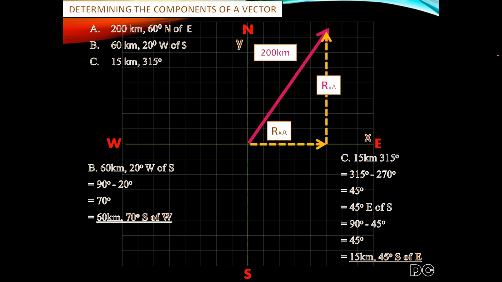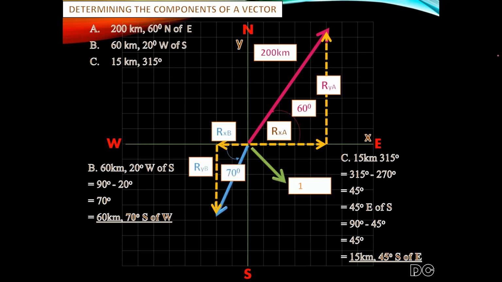And so to illustrate this, we have now the 200 kilometer, the 60 kilometer, and the 15 kilometer vectors, with the x and y component, as well as the angular direction.